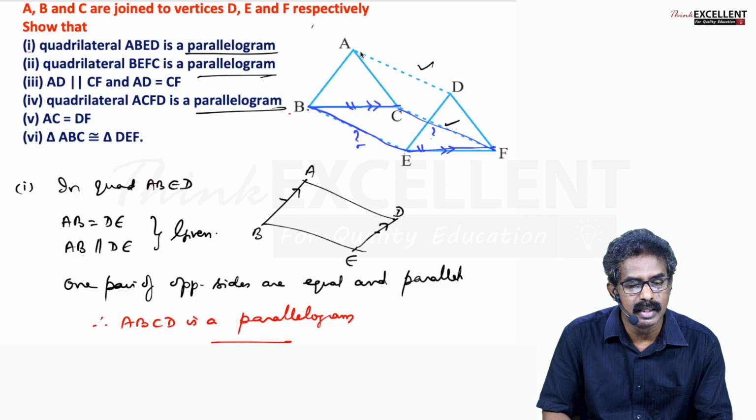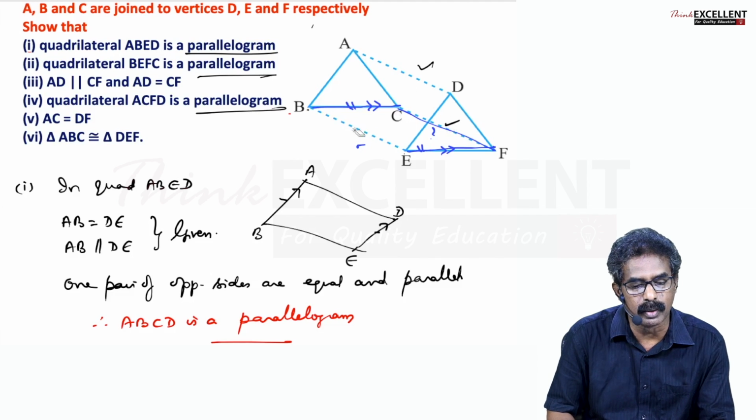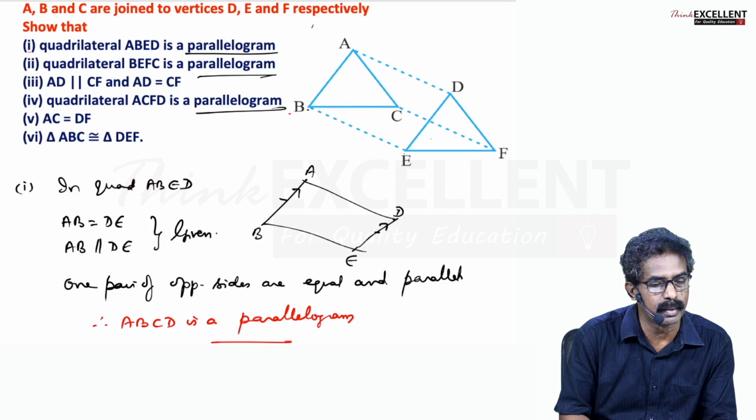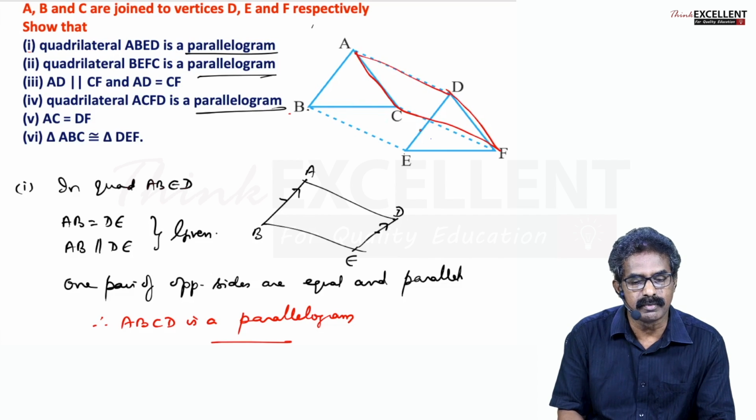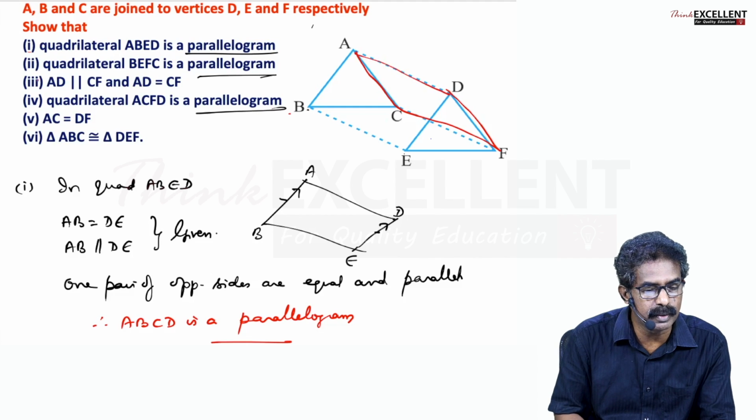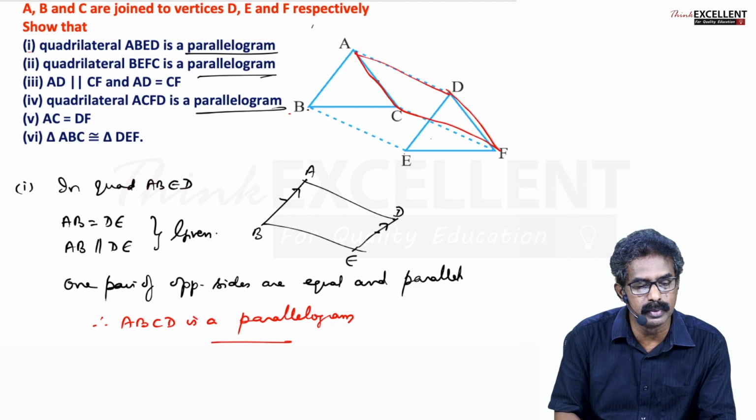Already you know, see that diagram alone. We have to prove ACFD is a parallelogram. Already we proved, in the third part, AD is parallel to CF and AD is equal to CF.